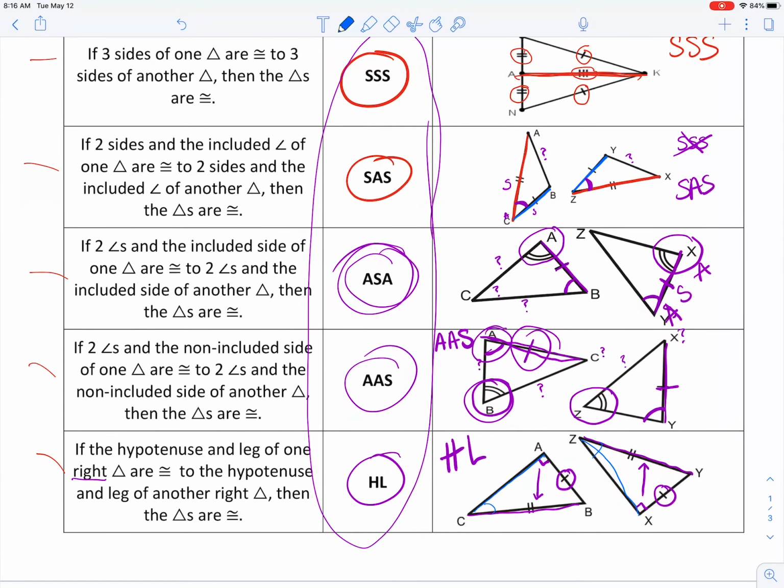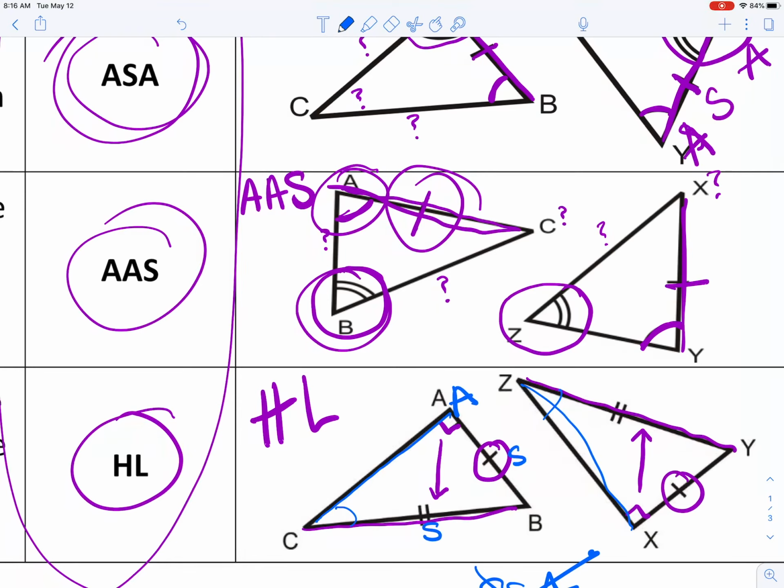Okay, now there are some combinations that we didn't mention, like let's say you get a side-side angle, okay? That one does not work. The only way that one would work is if you notice, this one is a side-side angle.